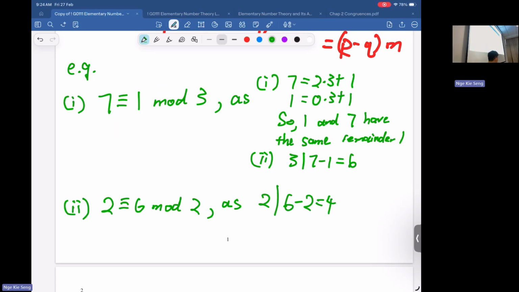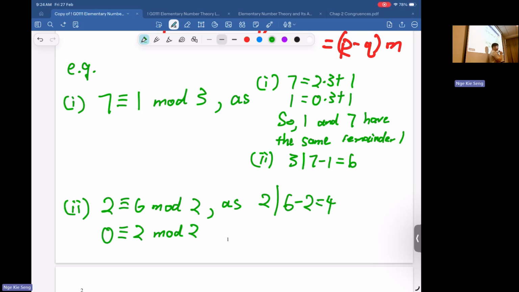Okay. Actually, there's an easier representative. Easier representative, you know what it is? Congruent to 2 as well, both of these values. 0. Okay, so 0 is also congruent to 2 mod 2, because 2 and 6 have remainder 0.